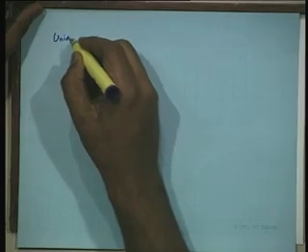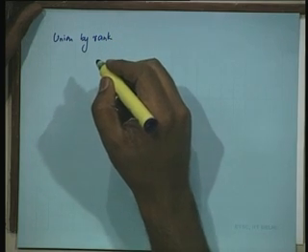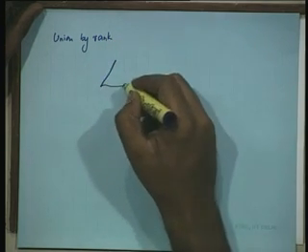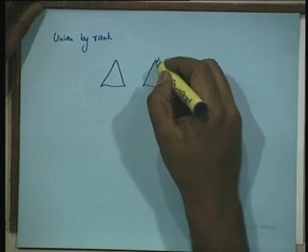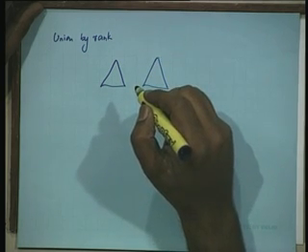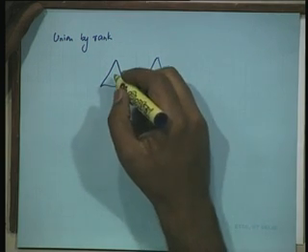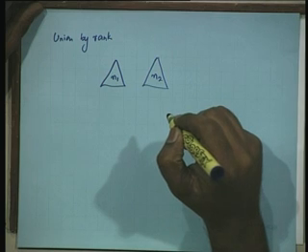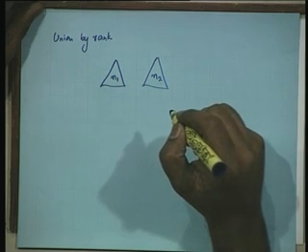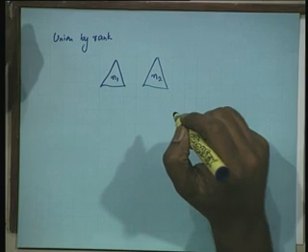I am going to use a rule called union by rank, in which if I have two trees, and suppose this has n1 nodes in it and this has n2 nodes in it, then I will make the lighter tree point to the heavier one.